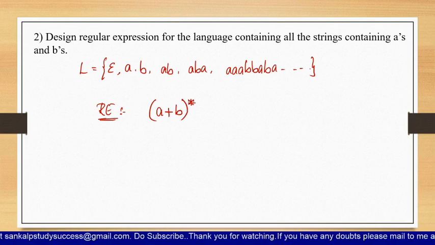If you keep plus in place of asterisk, it will not accept epsilon, so that would be wrong. So any number of combinations of A's and B's is (A plus B) whole asterisk. In this way we write the regular expression.